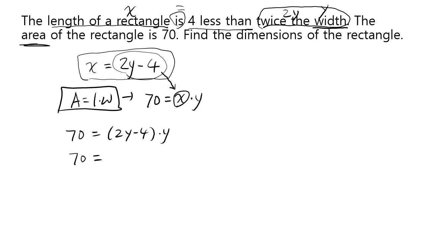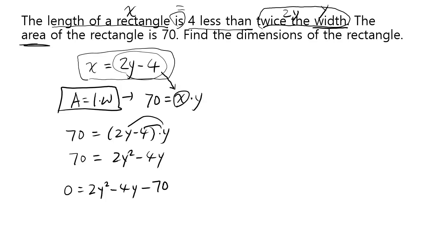Let's compute this. I get 2y squared minus 4y equals 70. And as you can see here, it's a quadratic equation in y. For quadratic equations, you want to put everything on one side. So I'm going to subtract 70, and I get 0 equals 2y squared minus 4y minus 70.